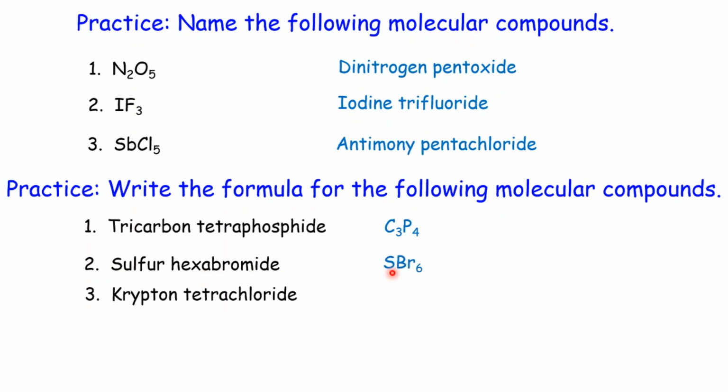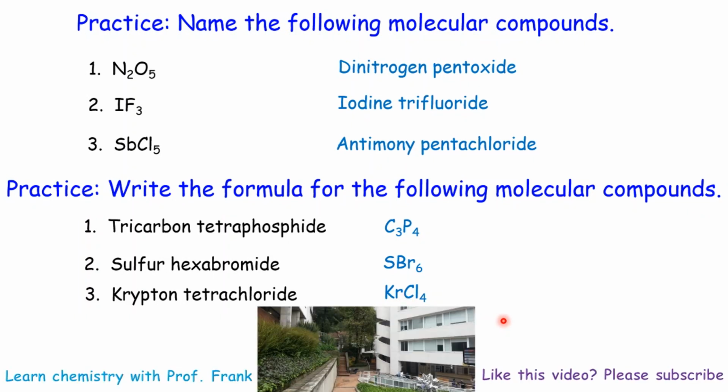Sulfur is S. Bromide comes from bromine, Br, and 6 of those. Krypton tetrachloride, KrCl4. Those are the examples for both from formulas to names and from names to formulas.